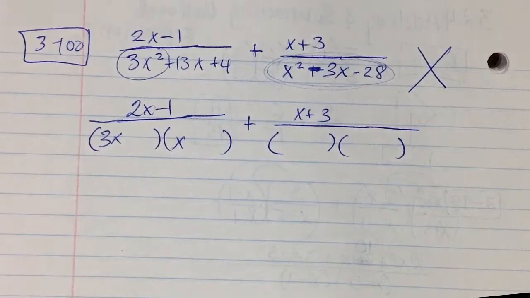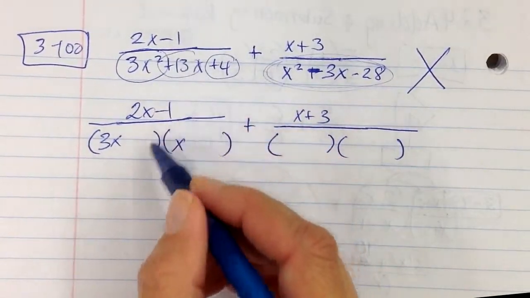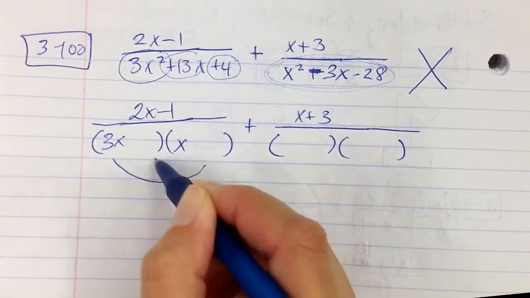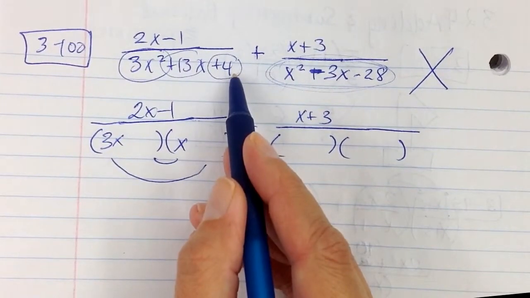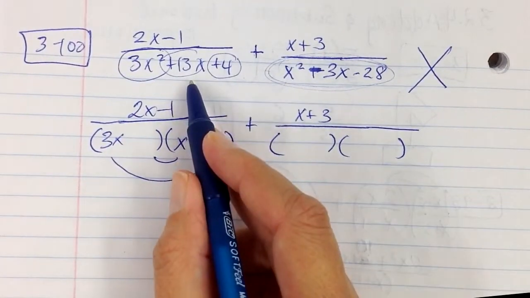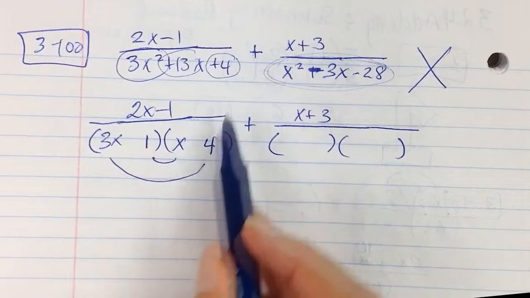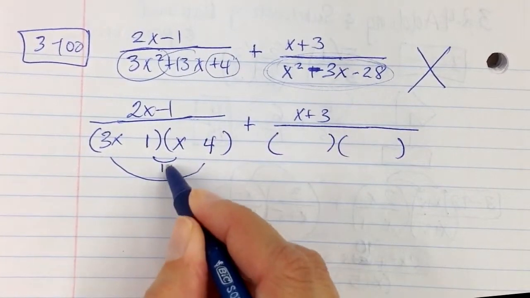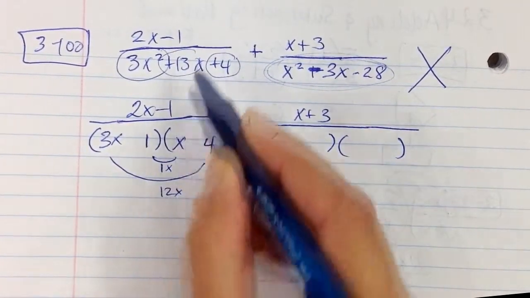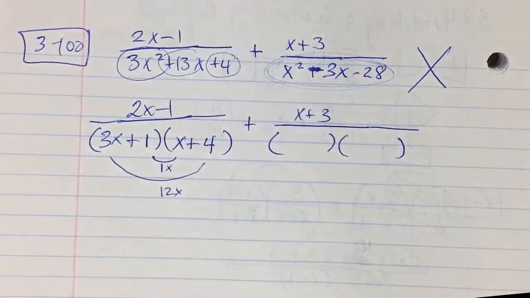The factors of 4, I want to make a 13 in the middle. I should use 4, because 3x times 4 is 12, and that's kind of close to 13. And I have another 1 right here, because 1 times 4 makes 4. So this gives me a 1x, and that gives me a 12x, making 13x. So both of these have to be plus and plus. So I didn't need to use the boxes. I just kind of do that one in my head.